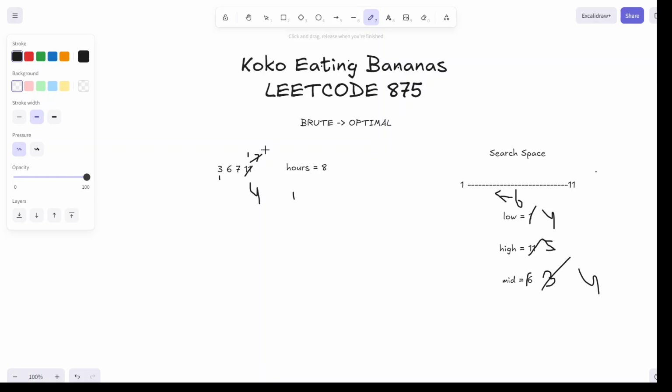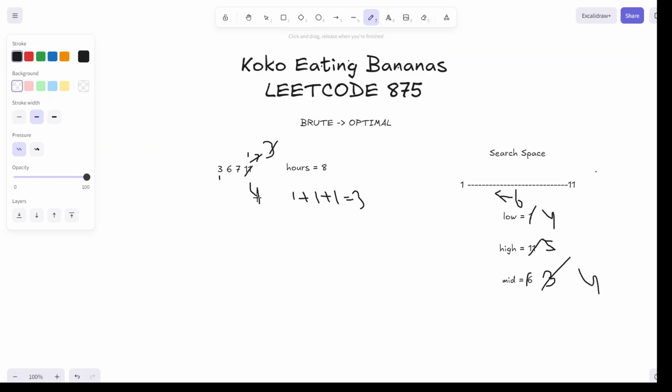Then it becomes 3, another hour, then it becomes 0, another hour. If we did 11 by 4, it would have come as 2, and the remainder would be 3, right?